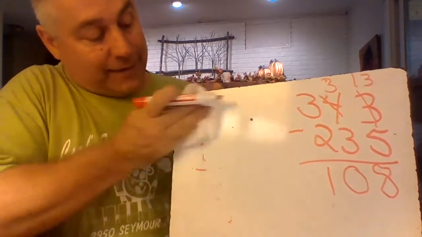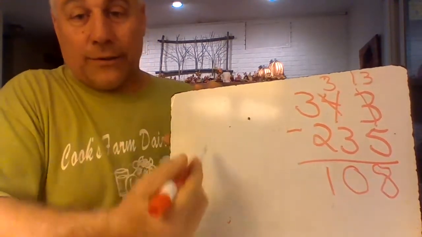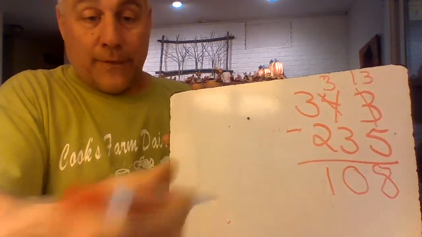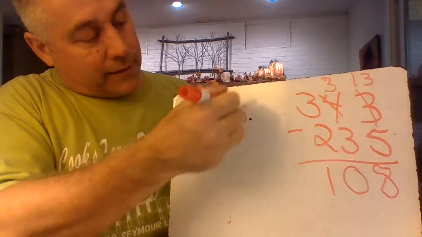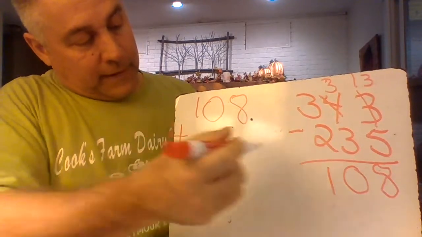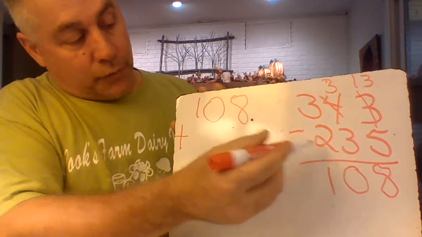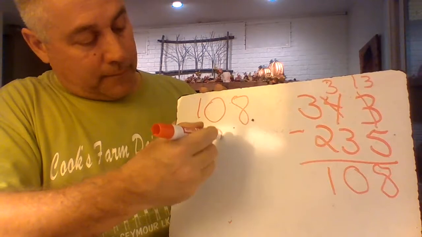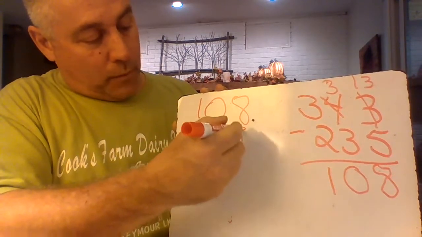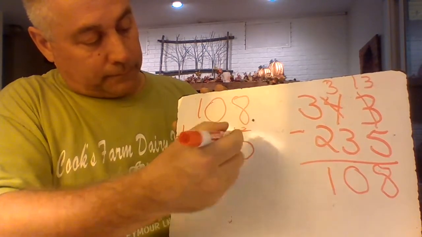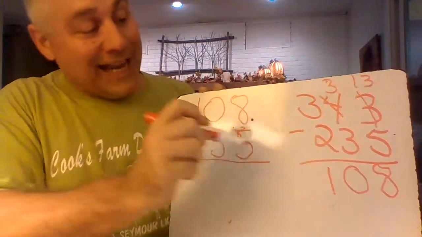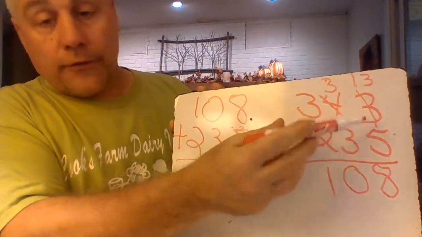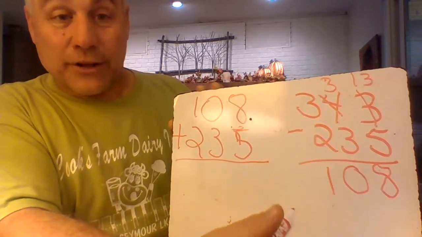Well, because of that, we can do this. I can say, well, I got the answer of 108. Let's make that one of my addends. My subtrahend was 235. Now I'm going to add them together. My answer should be 343 if I did the problem right.